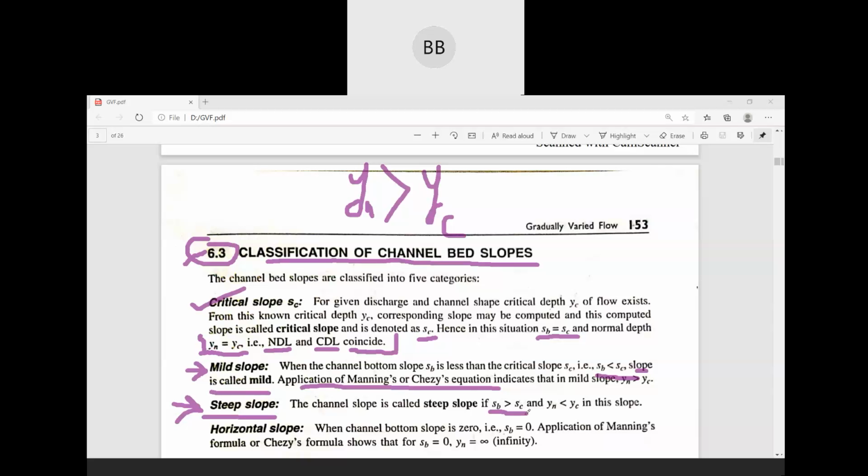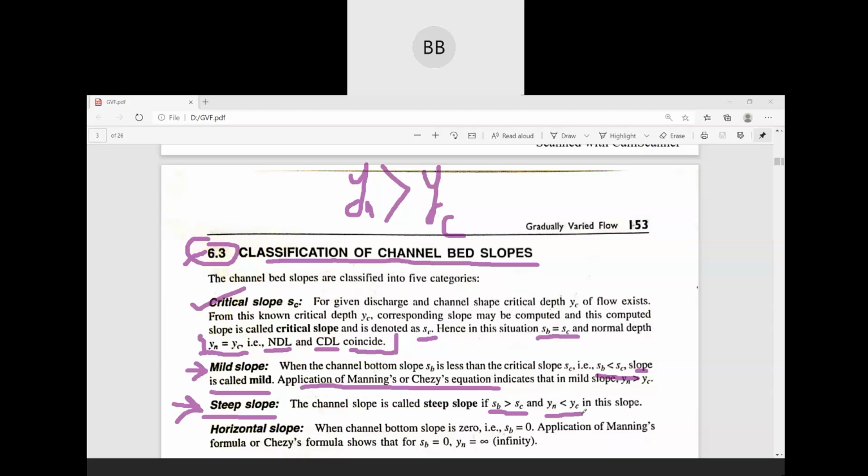And your yn, that is your normal depth, is less than yc. In critical slope both are the same, that is bed slope and critical slope, SB equal to SC. In mild slope SB is less than SC, and in steep slope your bed slope SB is greater than your critical slope.